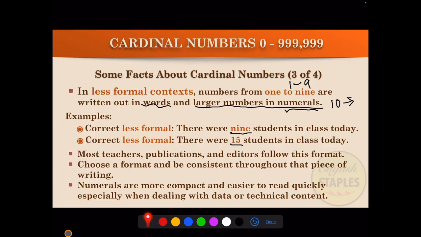Or if you decide to use the less formal, use the less formal format throughout the document. Numerals are more compact and easier to read quickly, especially when dealing with data or technical content.